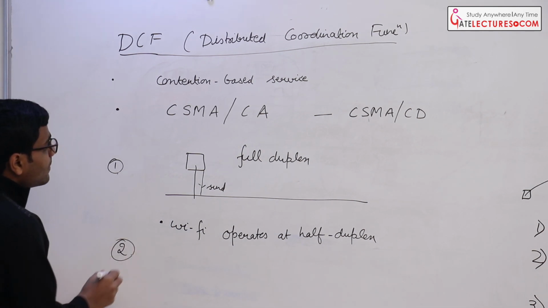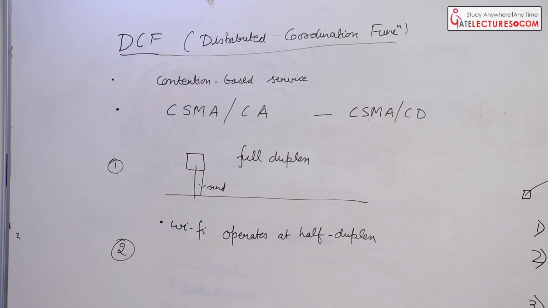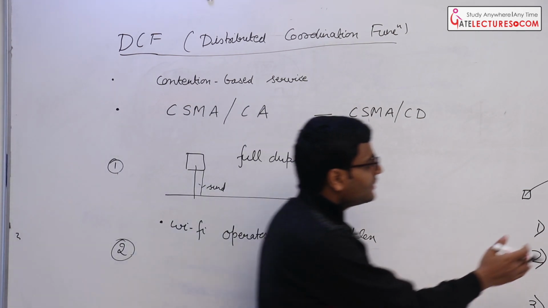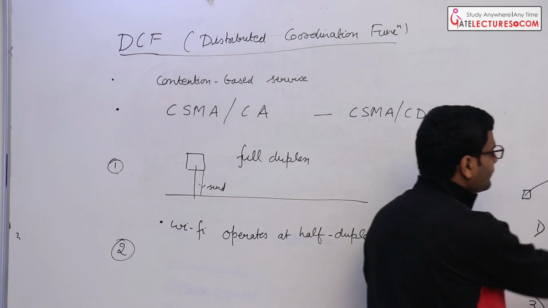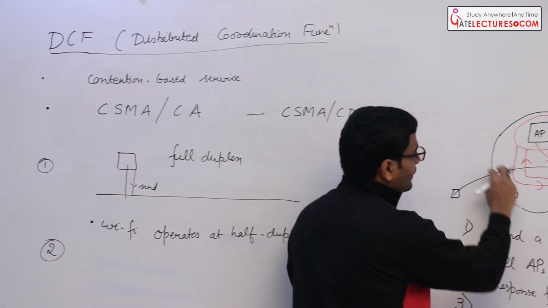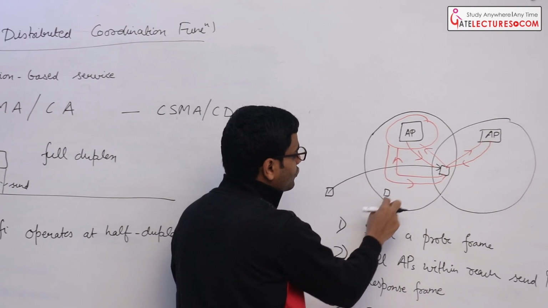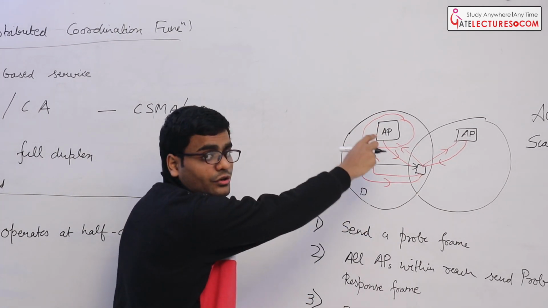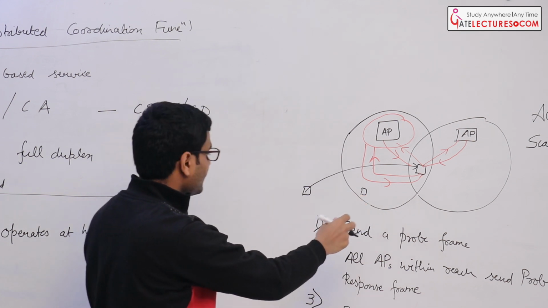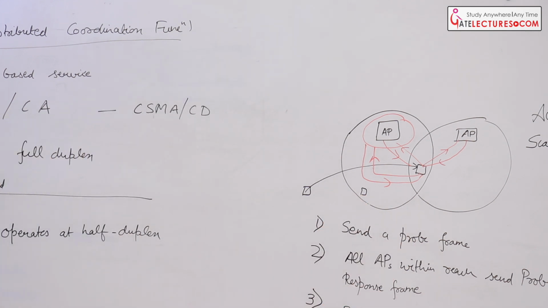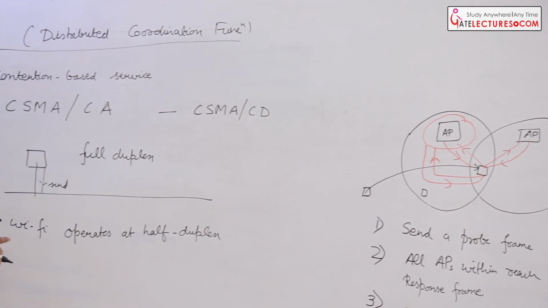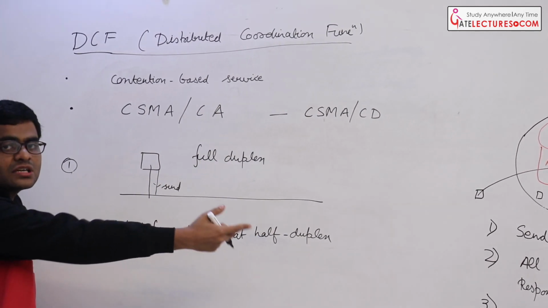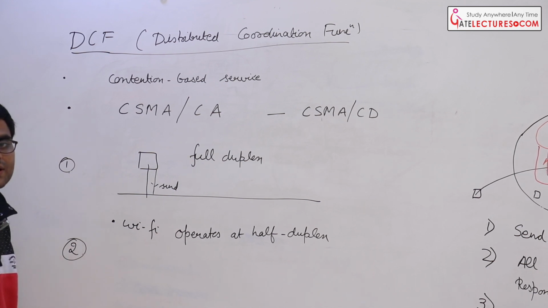The second reason we cannot detect collision is that in Wi-Fi, this node is within its range in this BSS. The range of this station is this circle only. When we want to detect collision, every station must be aware of the other station which is sending a signal.